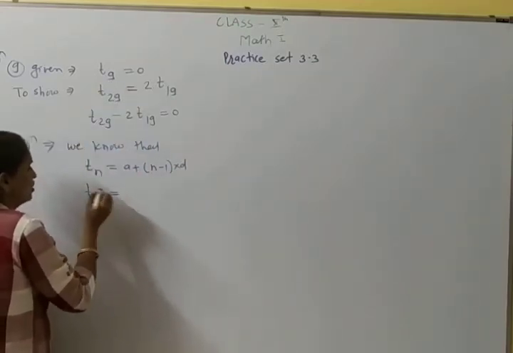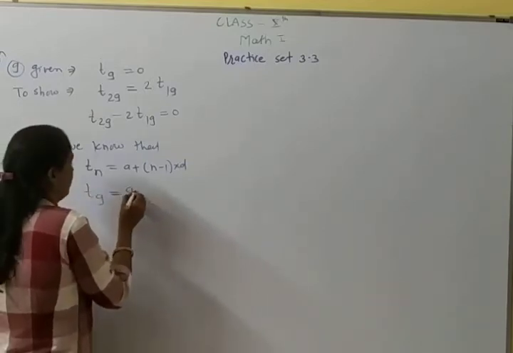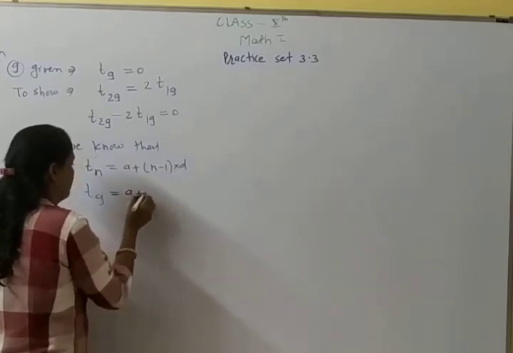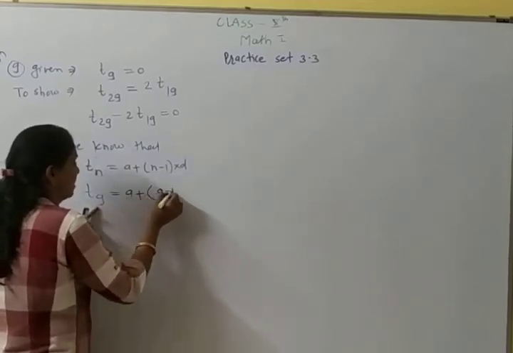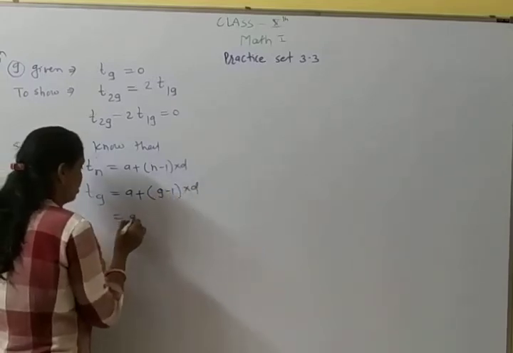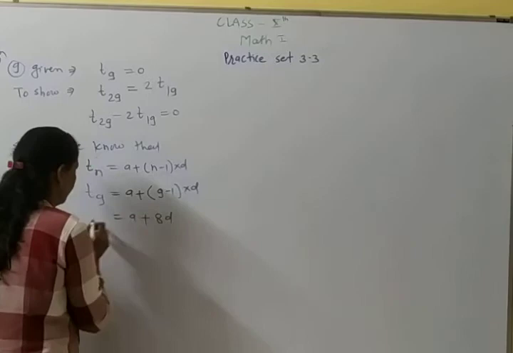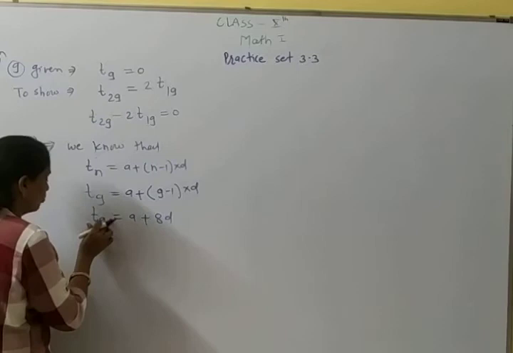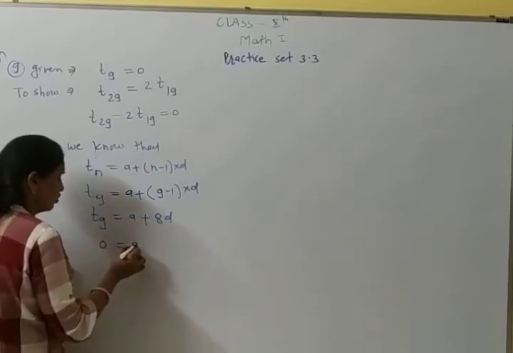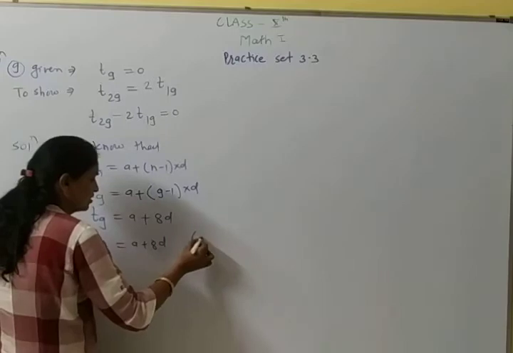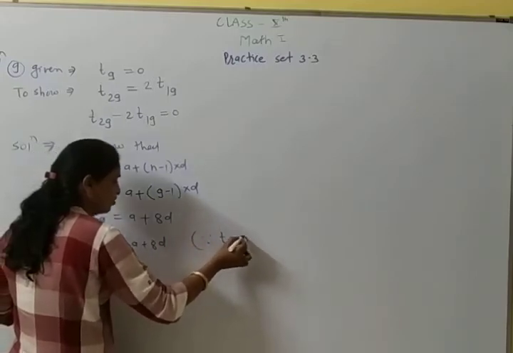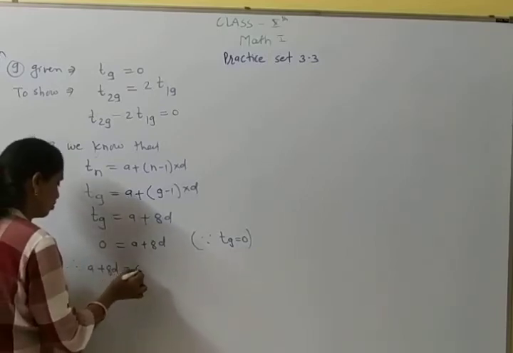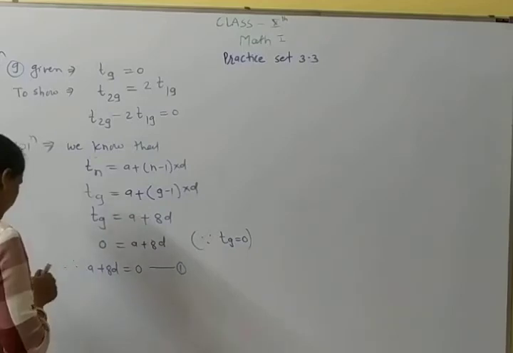T9 equal to A plus 9 minus 1 into D, equal to A plus 8D. So T9 equal to A plus 8D, but T9 equal to 0. So A plus 8D equal to 0, and this is equation number 1.